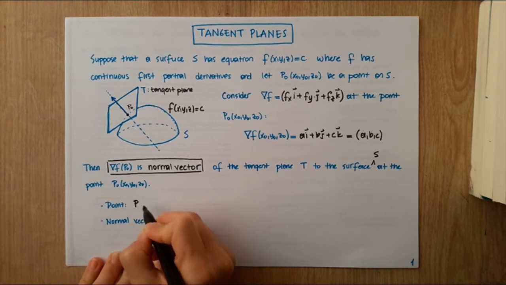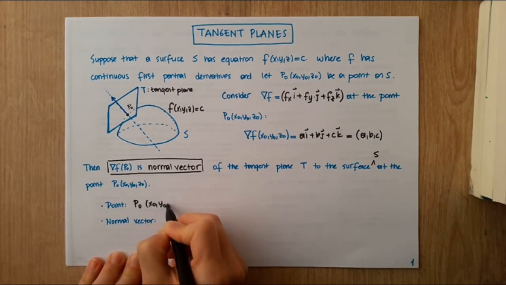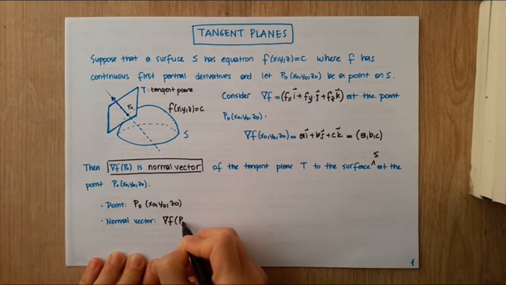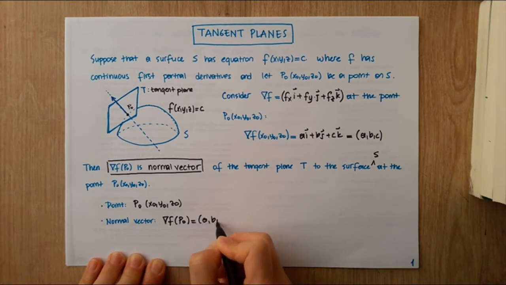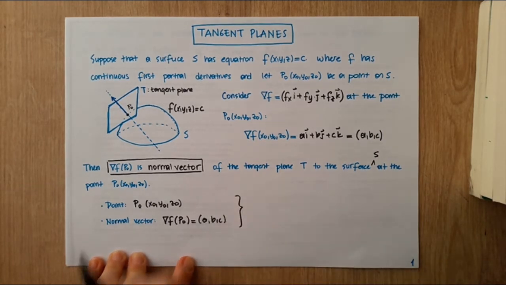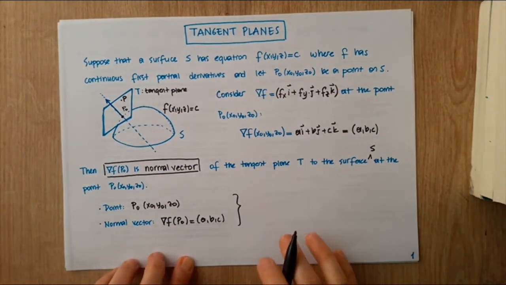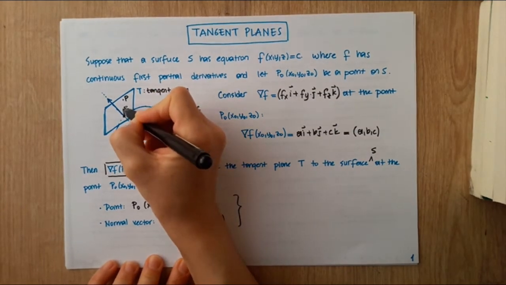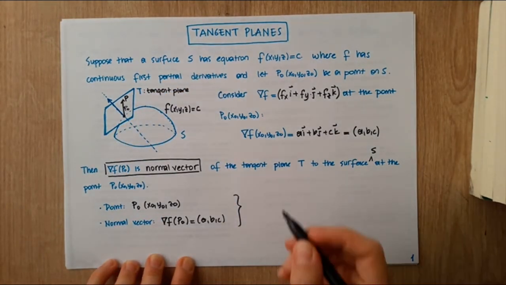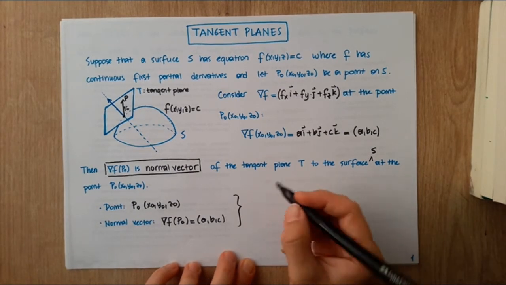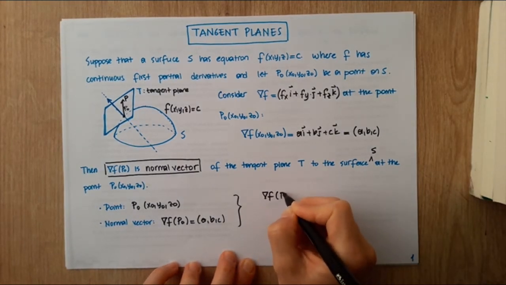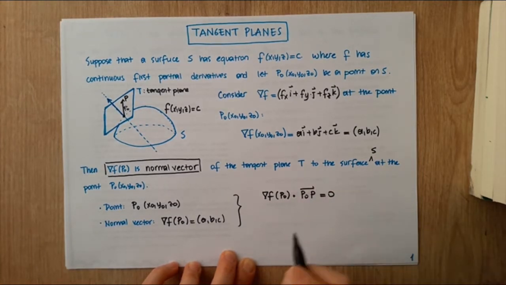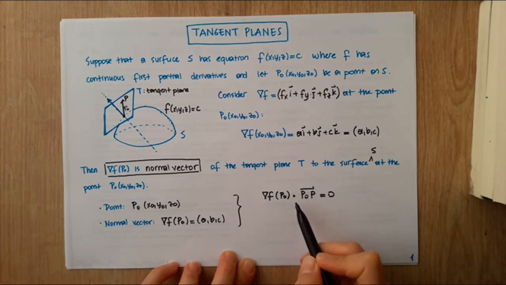So I know what the point is. P0 is the point x0, y0, z0. And the normal vector here is the gradient vector of f at p0, which is a, b, c. So we know that for any point p, x, y, z, because this normal vector is perpendicular to the vector p0p, we have this dot product equals 0. Gradient vector f at p0 dot p0p vector equals 0. This is the definition of the plane, right?